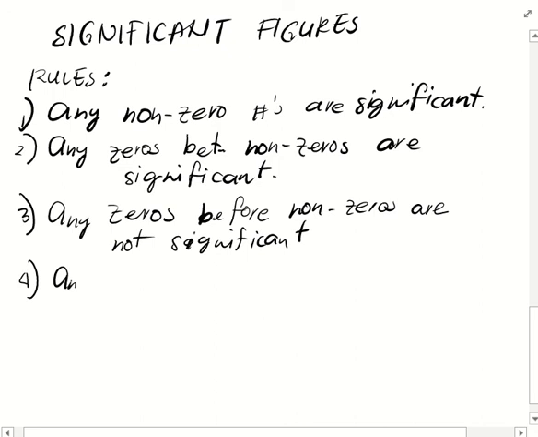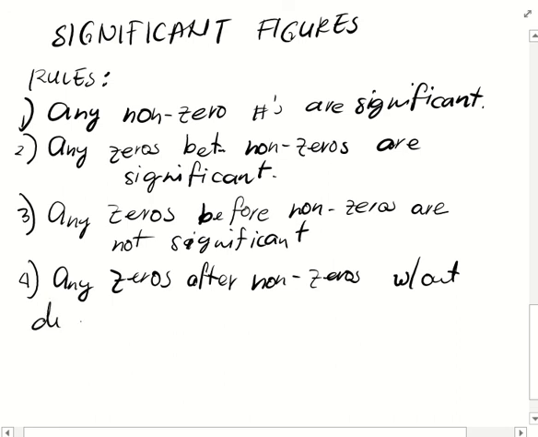Rule number 4, we go now to number 4. Any zeros after non-zeros without decimal points are not significant.